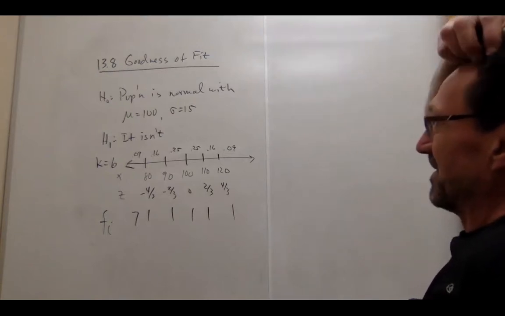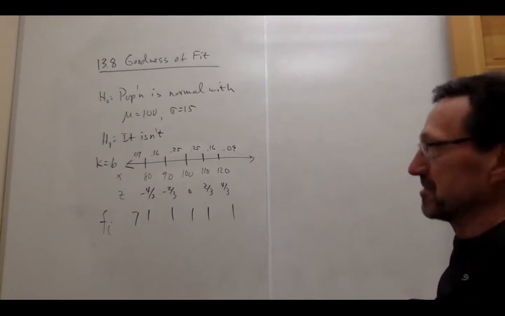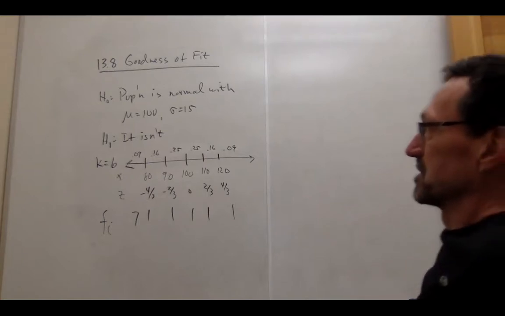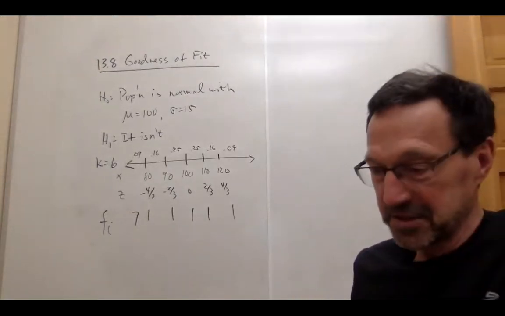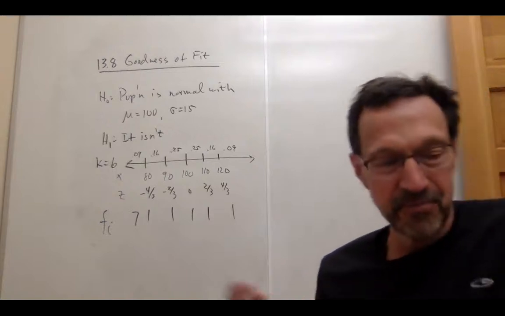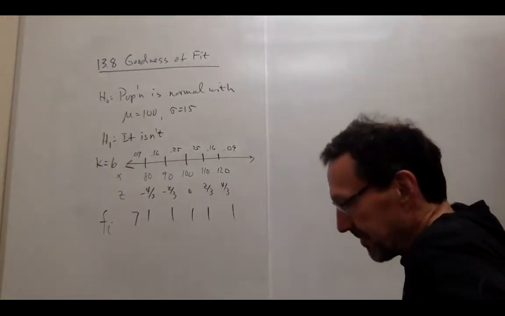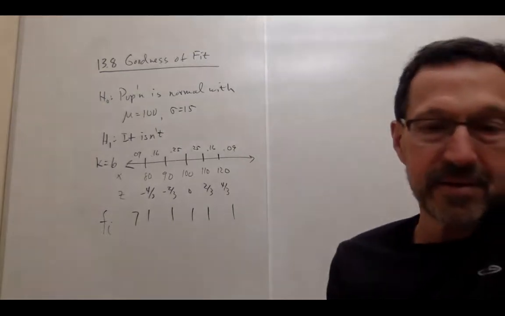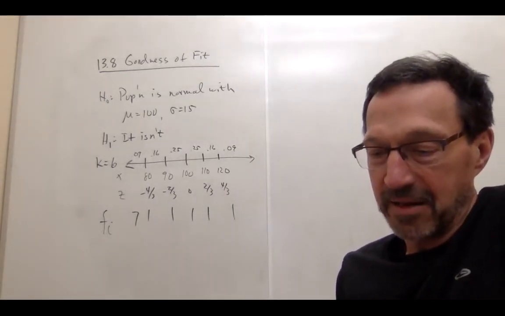So, goodness of fit. Here, the null hypothesis is that a given population is normal with mu equals 100 and sigma equals 15. So we're pre-specifying 3 things: the shape of the distribution and the value of both parameters. You may recognize this distribution as basically the way IQ scores are calibrated.